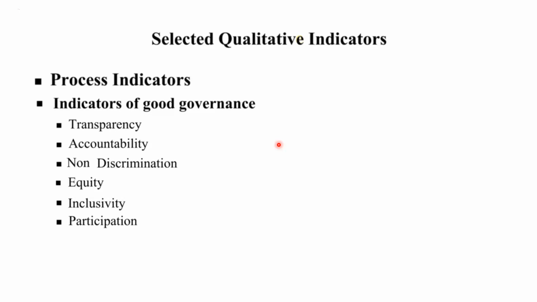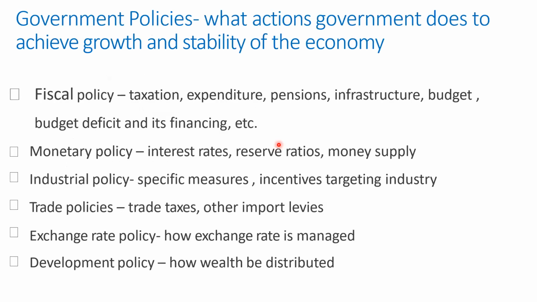Now maybe someone can say our election commission is having a transparent election. But you can't say it's 100% or 90%, but maybe you can say so compared to the last elections. That kind of thing you can say is a qualitative indicator.